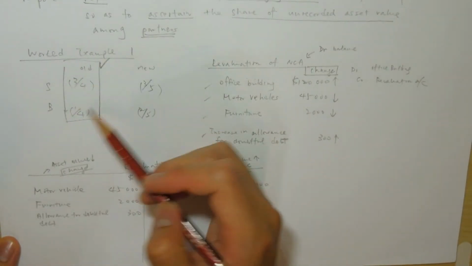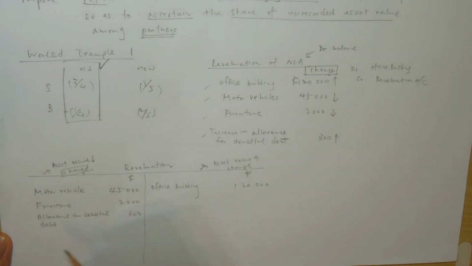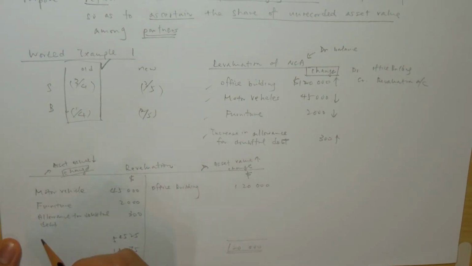Therefore, the changes should be 120,000 minus 45,000 minus 2,000 and then minus 300. So 72,700 should be shared by Susan and Polly, divided by 4. Each one proportion is 18,175 and the other one should be times 3, 54,525.